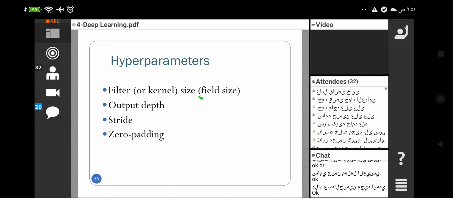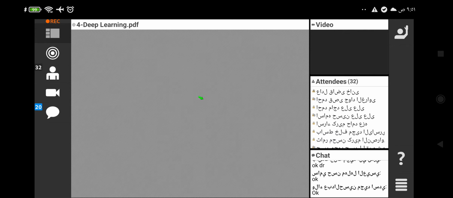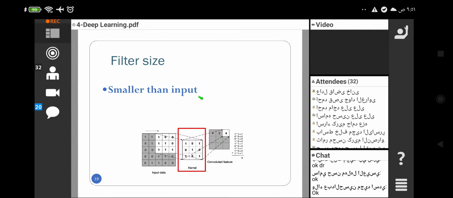The size of the kernel is usually an odd number: 3, 5, 7. Do you understand? 3, 5, 7. The size of the kernel is usually an odd number.